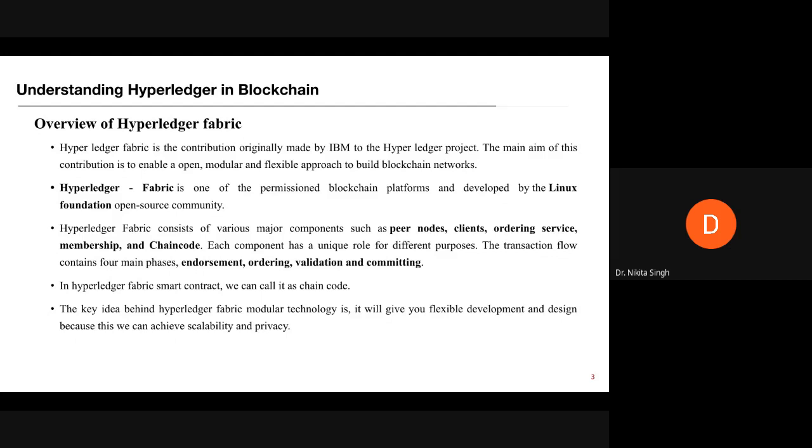One of the biggest advantages is that Fabric is the first distributed ledger platform that supports smart contracts in general purpose programming languages.